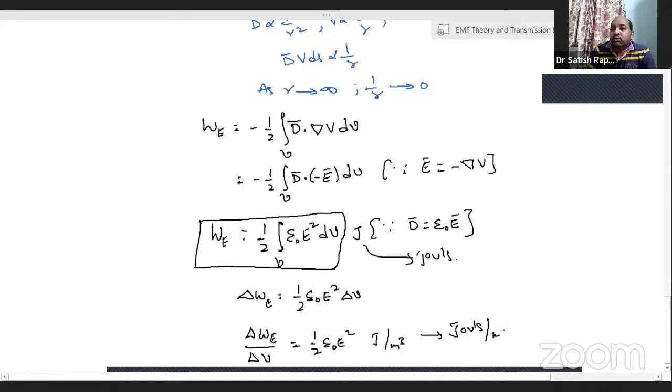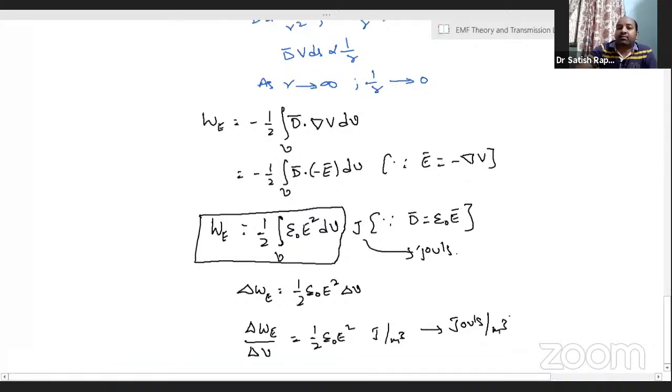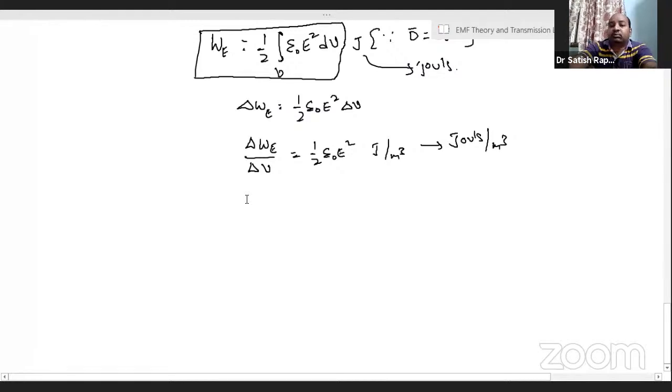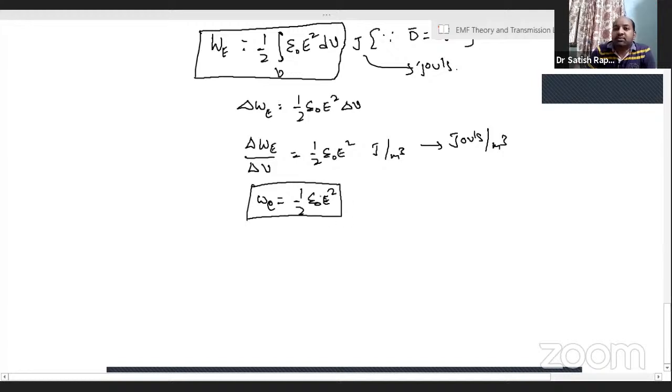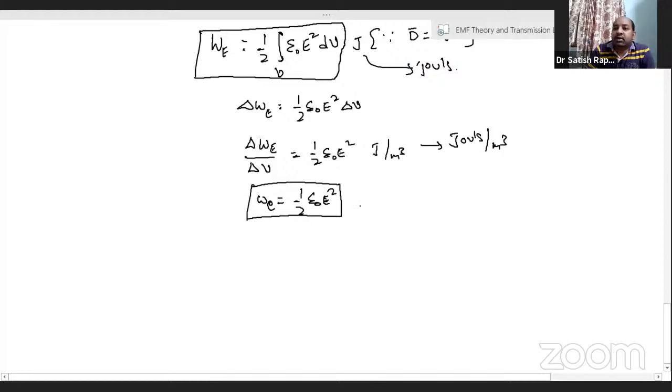We in small letters is half epsilon naught E square, the final expression, in joules per meter cube. Sometimes in examination they will ask you to determine energy stored in electric field or energy density in terms of joules per meter cube. So this is the final answer.